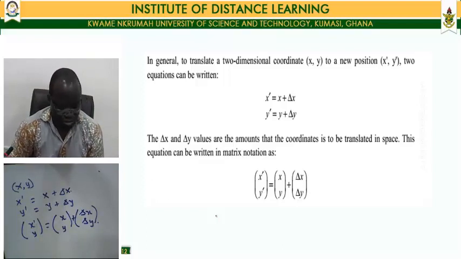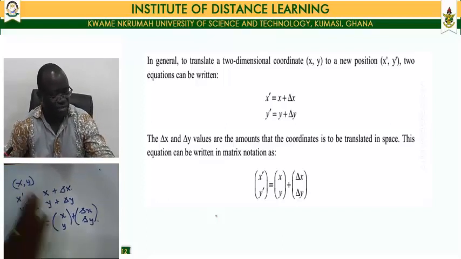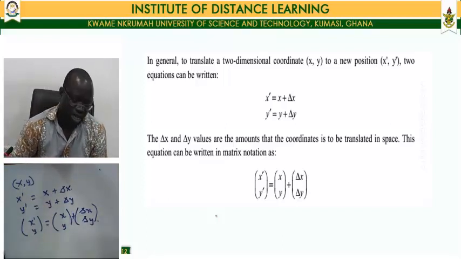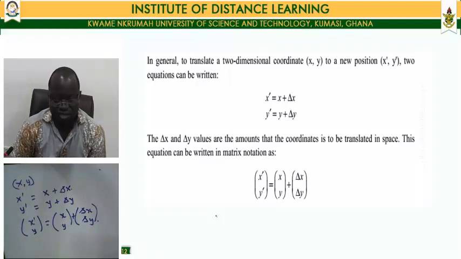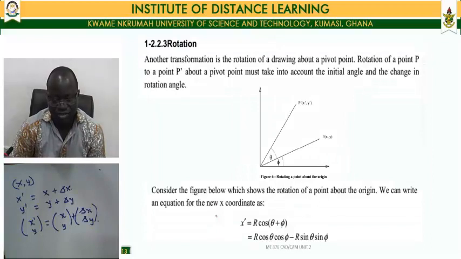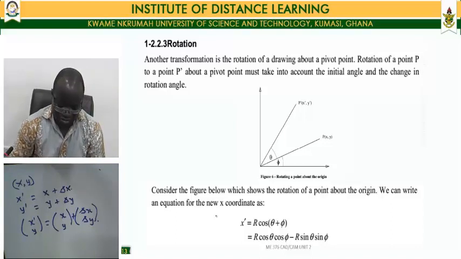Okay. We can use this to do any example of translation. If we know the change along the x and the y, we can just operate on the values, and we get that.